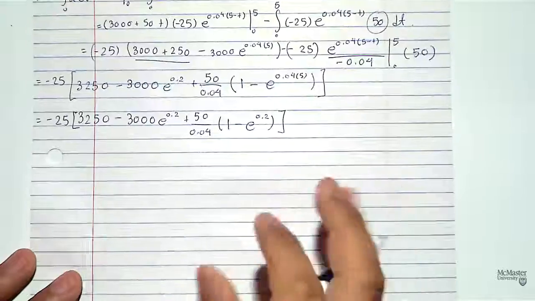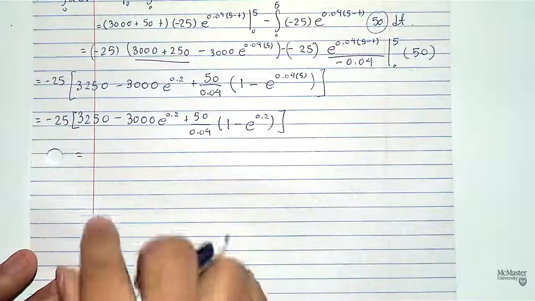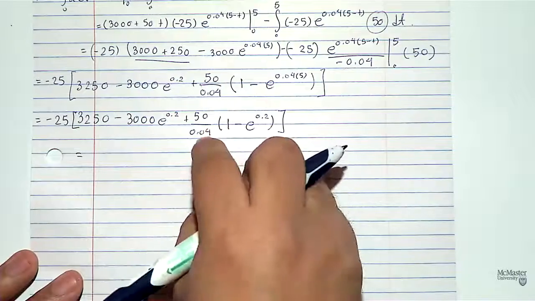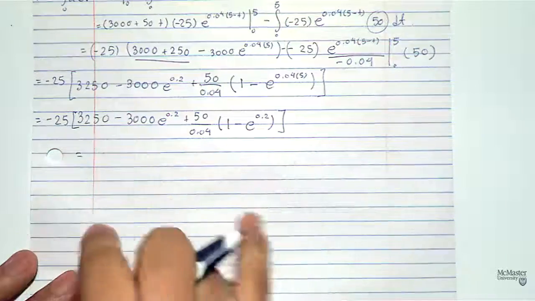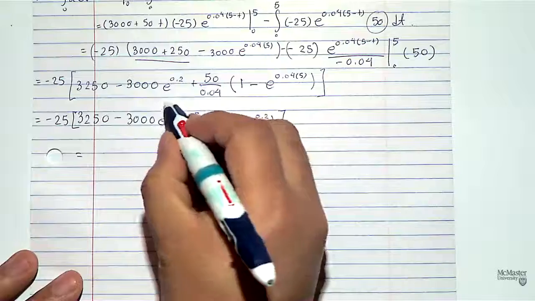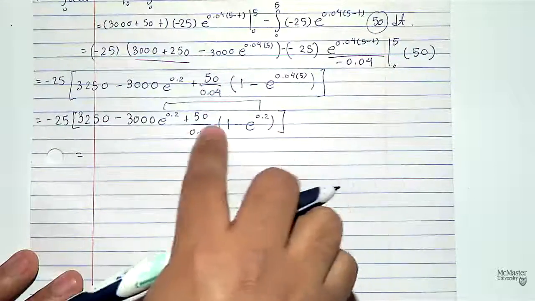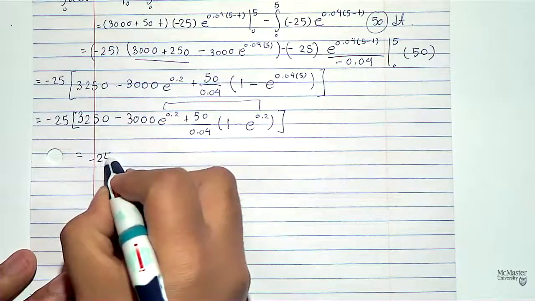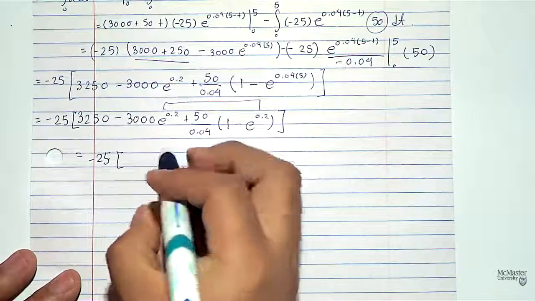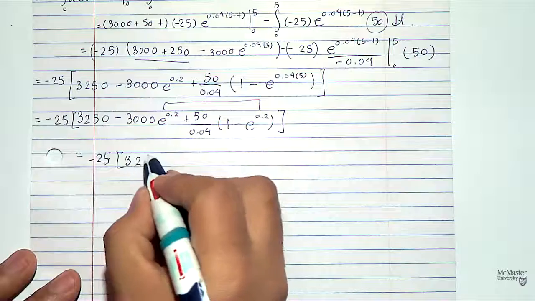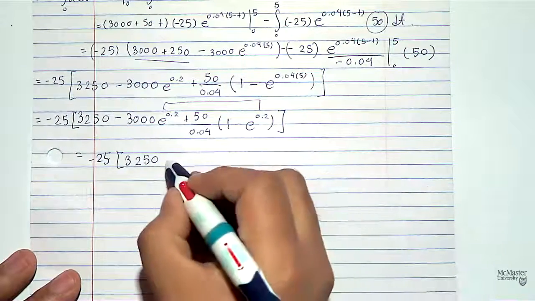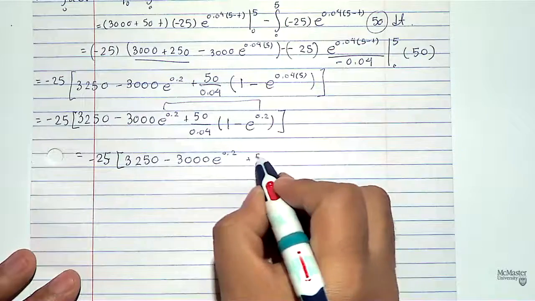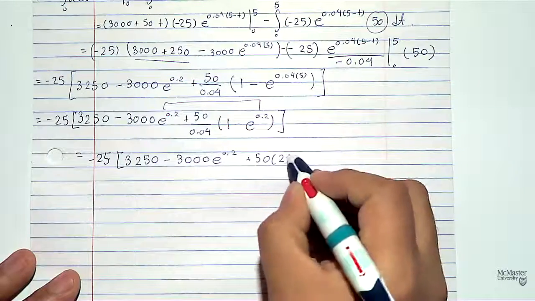So the reason I'm waiting for this computation is because I recognize, look, well, here I will have 50 times 25, so that will give me some big number, but what I will do at the end of the day is associate the numbers which are related to the exponential of 0.2. So this is minus 25 times 3,250 minus 3,000 times exponential of 0.2 plus 50 times 25.